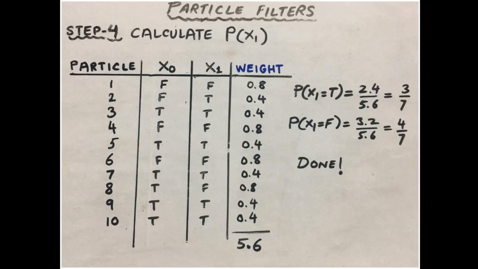So our initial estimate was saying that the state variable was equiprobable, true and false. But now at time t1 the estimate has changed, and this estimate is favoring the state to be in the false state. This is because the sensor output was false.